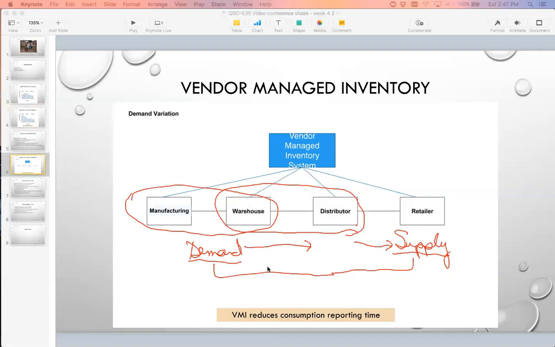Okay, if demand is greater than supply, well, now the distributor loses out. So you've got to make a way for it. Obviously, the best solution is to have the demand and supply equal. Okay, so everybody wins, win-win. Okay.